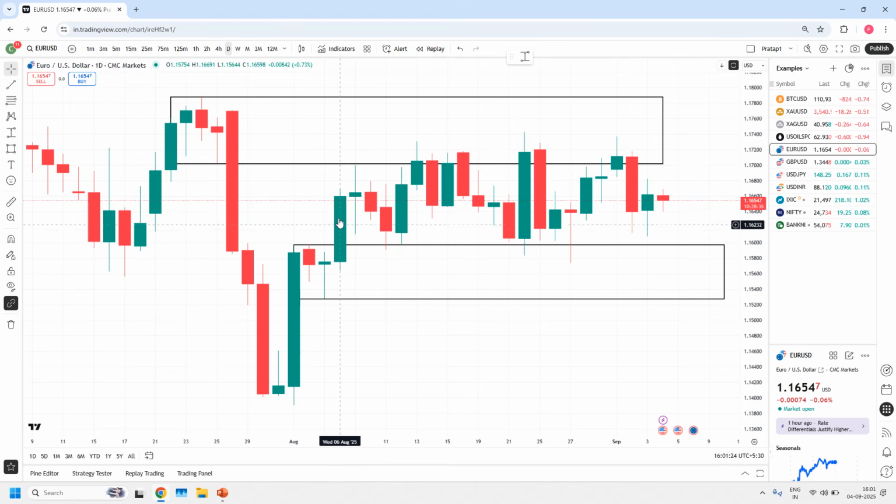Green color means prices are moving up. Red color means prices are moving down. In the previous video we learned this is the rally candle and this is the drop candle. These rally and drop candles confirm the imbalance, which confirms that institutional participation is there within these balanced areas.